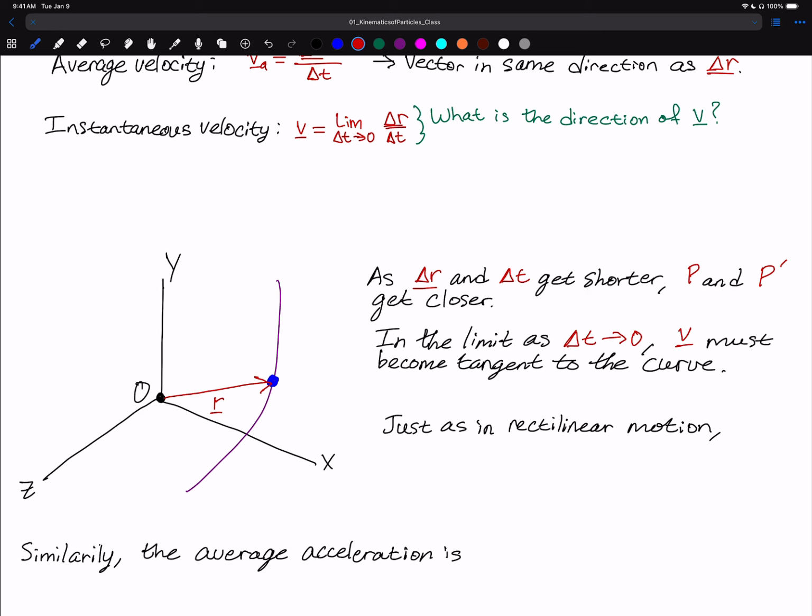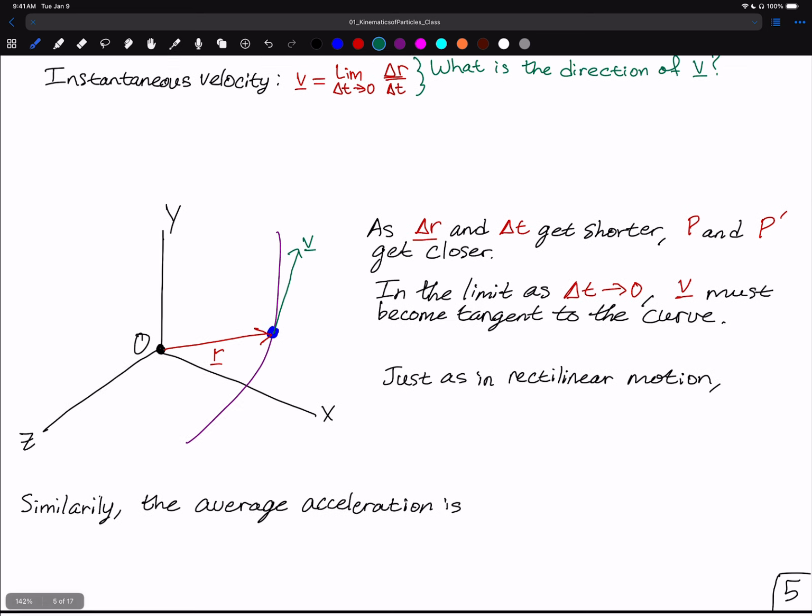That means that in the limit as delta t goes to 0, v is going to become tangent to the curve, because those 2 points are becoming infinitesimally close to each other. So at this point, the velocity vector will be tangent to the curve at that particular point.